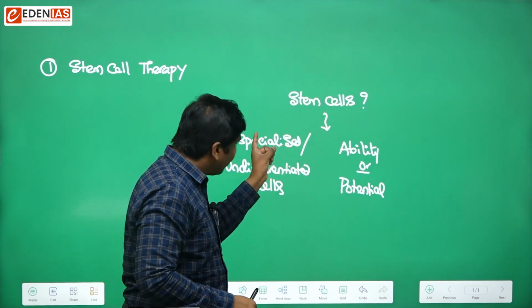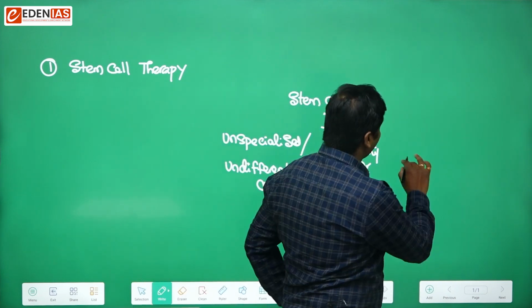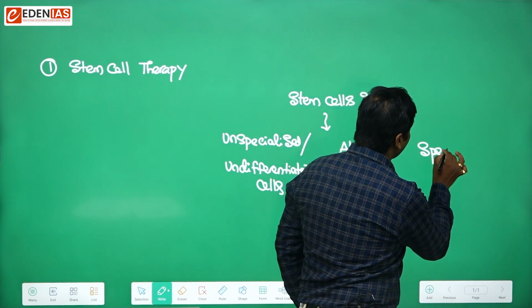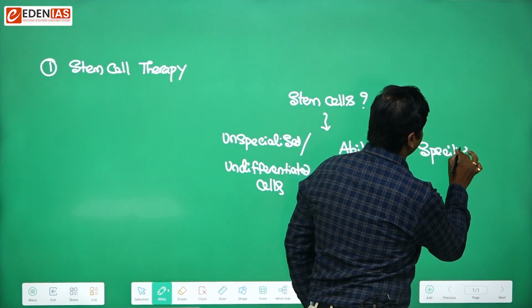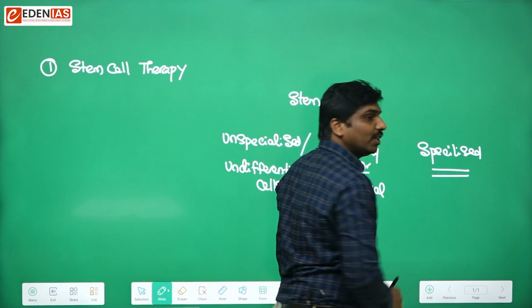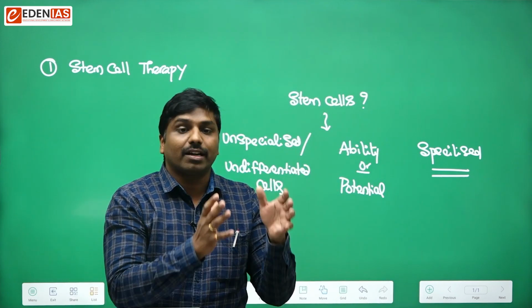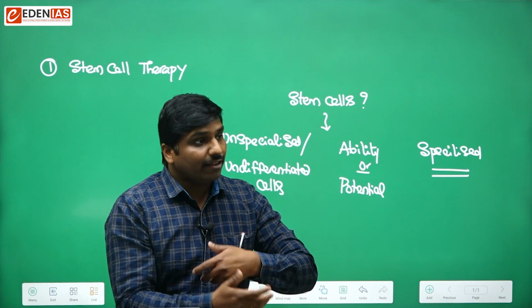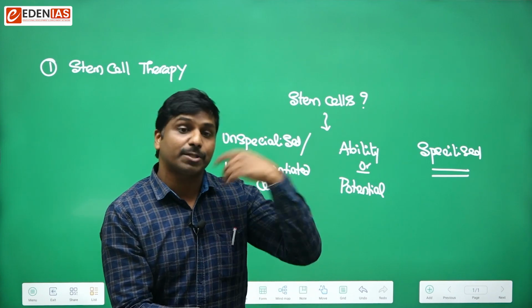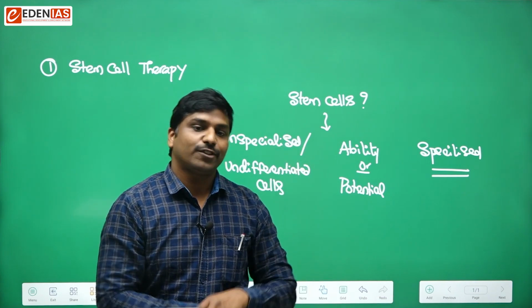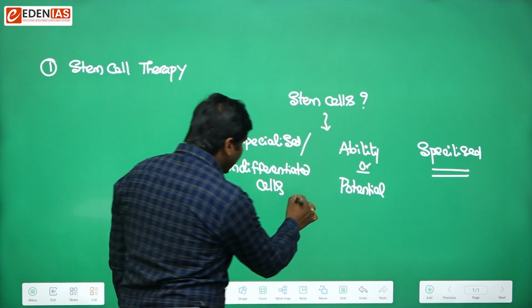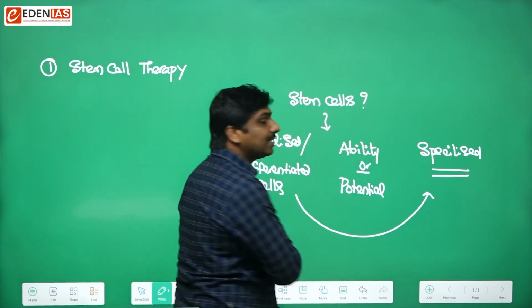Potential to become specialized. So they can become specialized. Those cells which are undifferentiated and unspecialized and which have the ability to become specialized cells are nothing but stem cells.